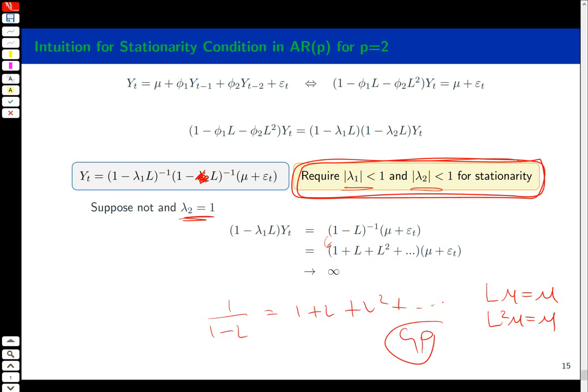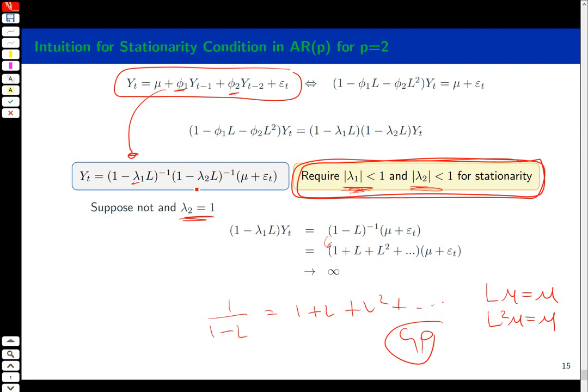Putting this into the above, it means we have 1 minus lambda 1 L, and 1 minus lambda 2 L. Just plugging this in, because the two things are equal, which takes us down to here.